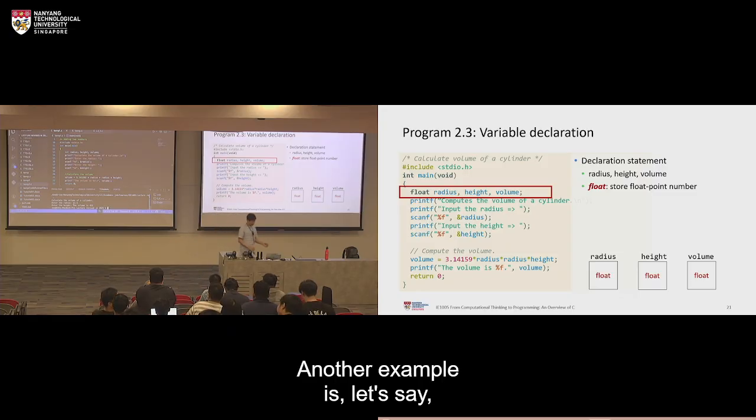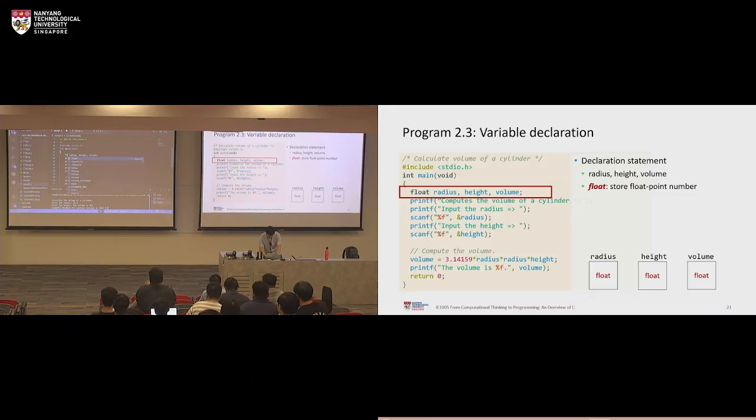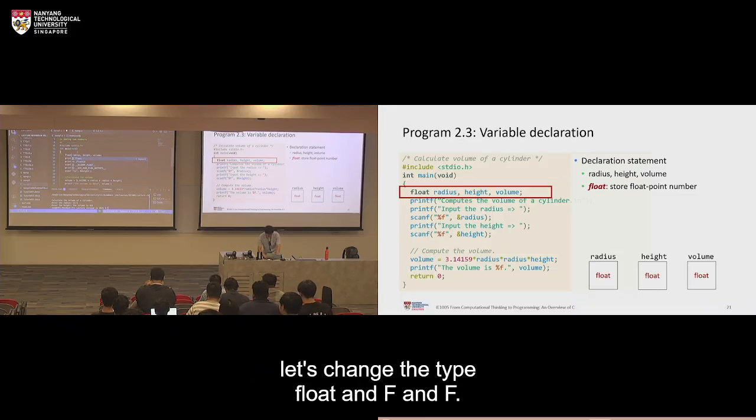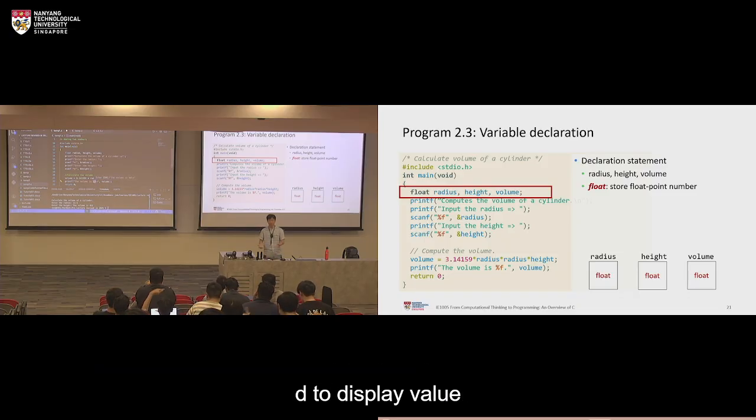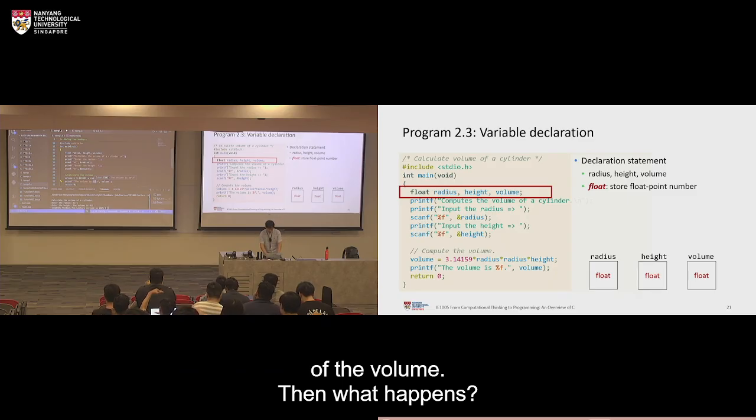And another example is, let's say, let's change the type to float and F. Then you just maintain this %d to display the value of the volume. Then what happens?